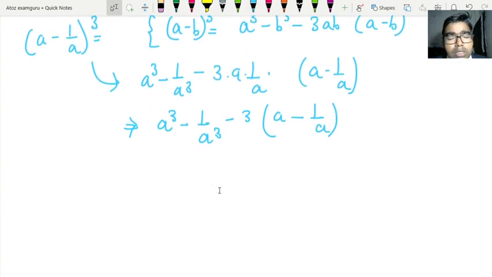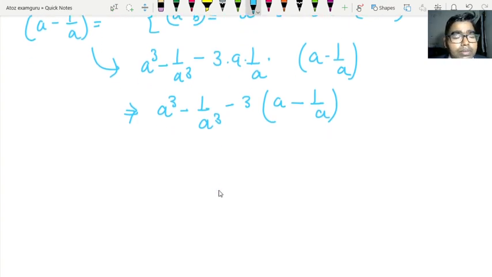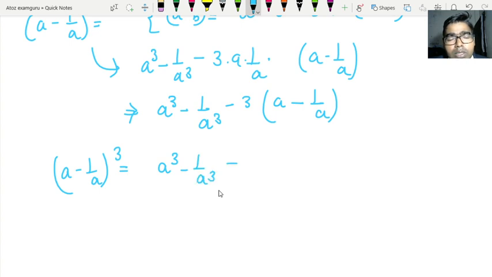So you have got the formula a minus 1 by a whole cube equal to a cube minus 1 by a cube minus 3, bracket a minus 1 by a. Right friends?